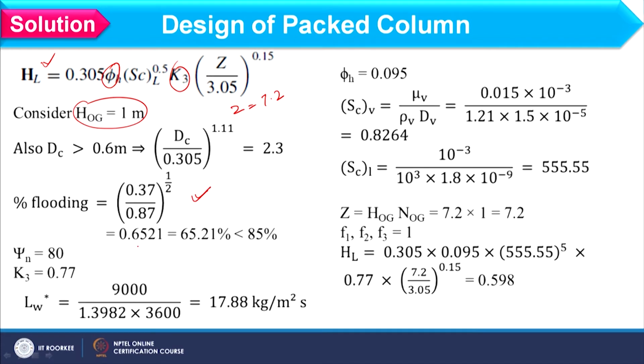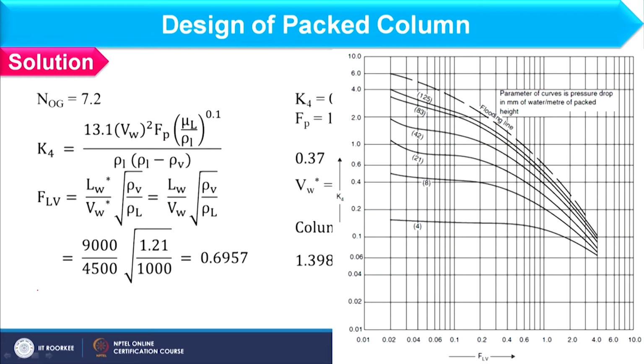So, how can I find the percent flooding? 0.37 is the K4 value, which we have seen in the last slide, and how does this value 0.87 come? To find K4 we have to see this figure. Here I have the FLV value, which is equal to 0.7, and when we draw the line upward, we can find the value of K4 at operating condition.